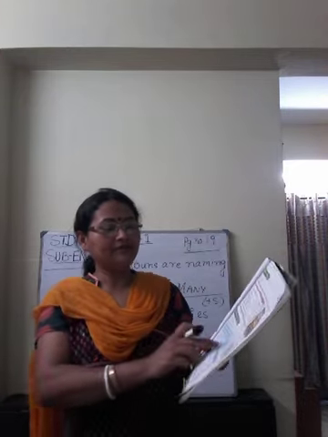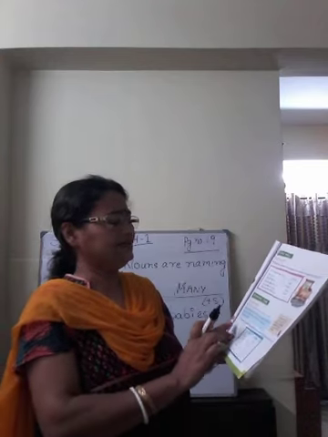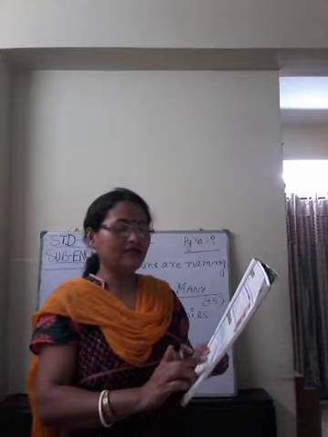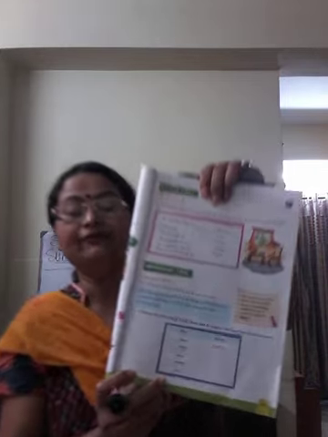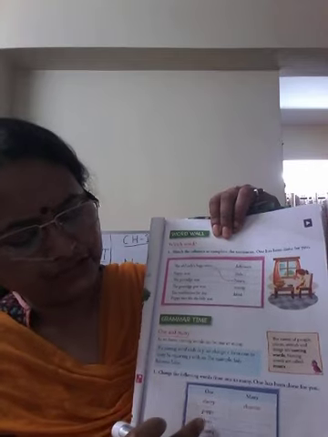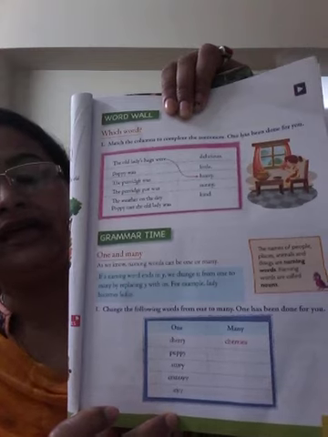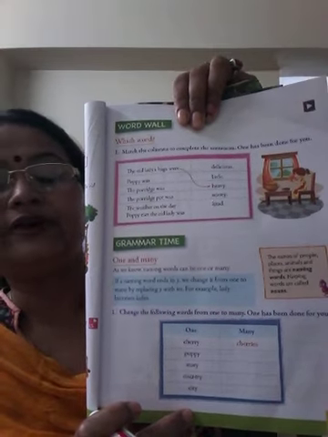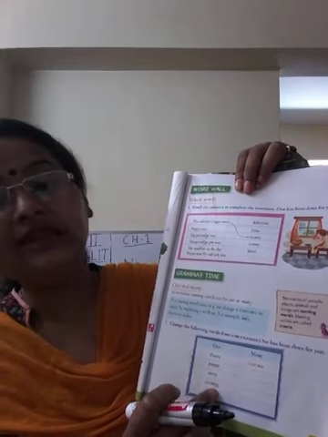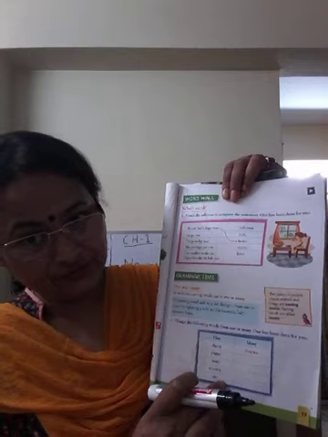Okay, now come to the exercise, page number 19. See, change the following words from one to many. One has been done for you. So here you can see 1, 2, 3, 4, 5 words are given, 5 nouns. Now you have to change them from singular to plural, and you can see that all the nouns end here with Y. So what is the rule?